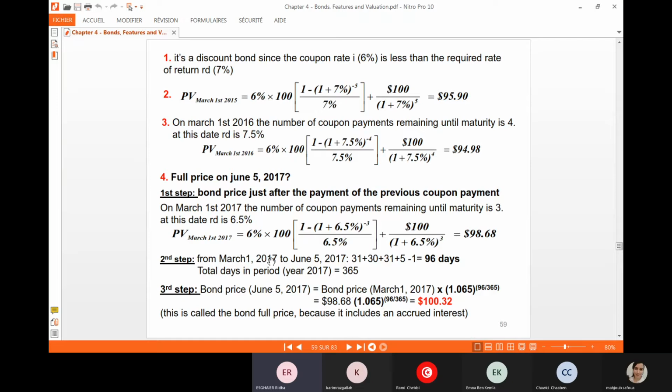Then we compute the number of days between March 1st, 2017 and June 5th, 2017. 31 days March, 30 days April, 31 days May, and 5 days for June.